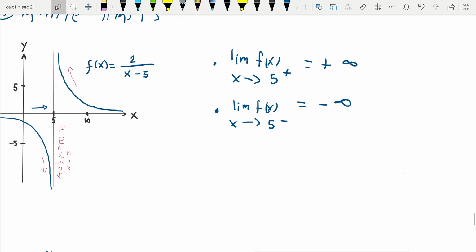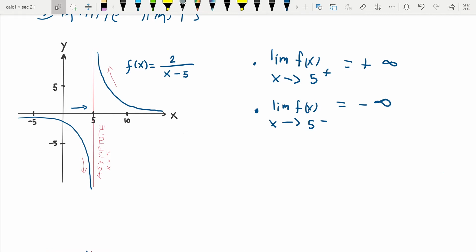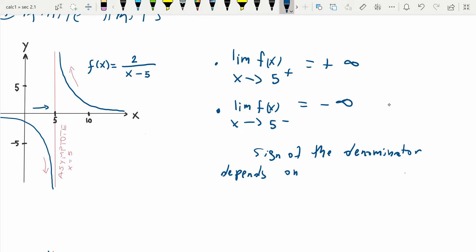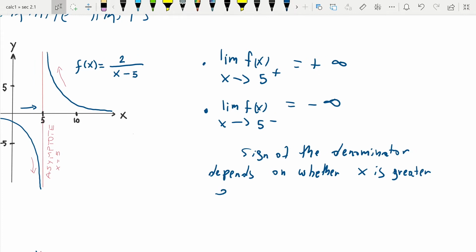And what determines the signs here, either plus or minus infinity, has to do with the sign of the denominator. So here the sign of the denominator depends on whether x is greater or smaller than 5.